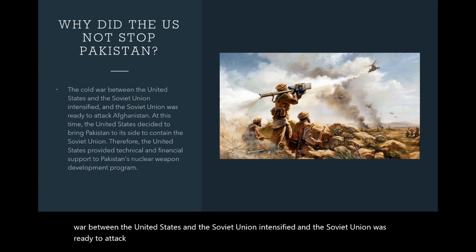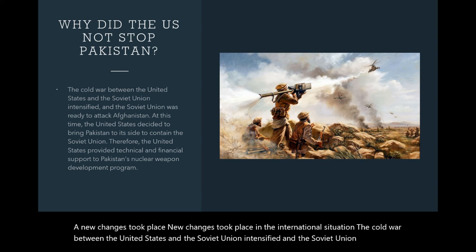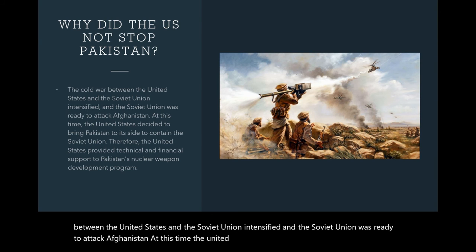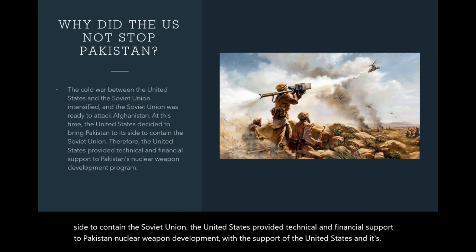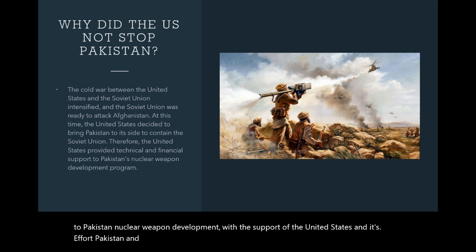At this time, the United States decided to bring Pakistan to its side to contain the Soviet Union. The United States provided technical and financial support to Pakistan's nuclear weapon development. With the support of the United States and its own effort, Pakistan announced that it had successfully developed nuclear weapons in 1998. At this point, they finally had the right to have an equal dialogue with India.